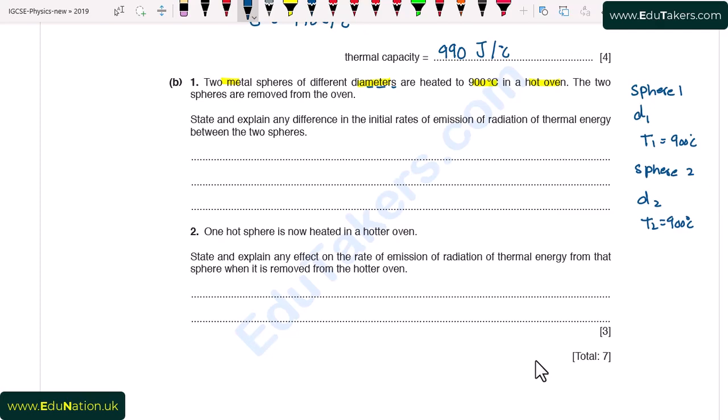Now if I consider that the diameter D1 of sphere 1 is greater than the diameter of sphere 2, which is represented by D2, what will be the effect on the emission of radiation? The sphere that has the larger diameter will have a greater surface area.